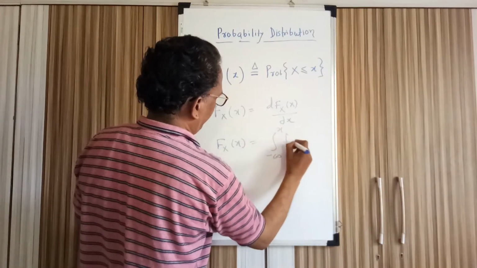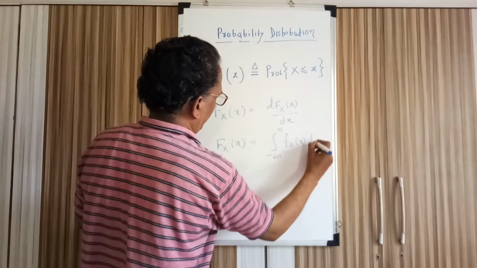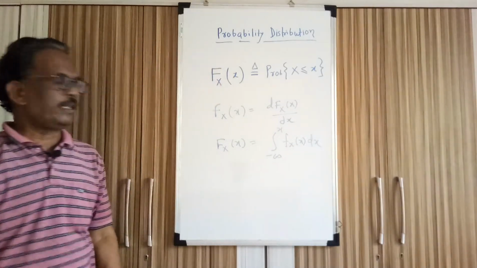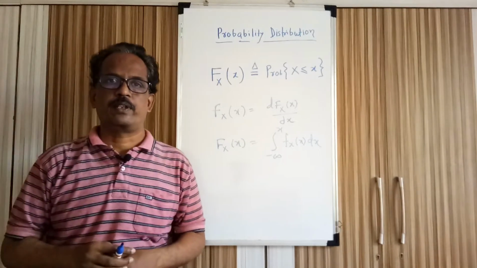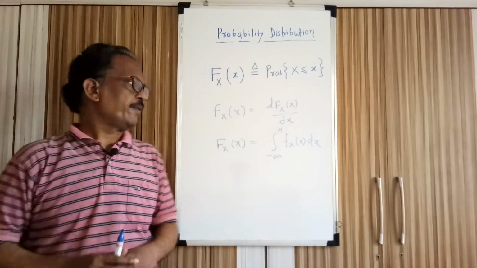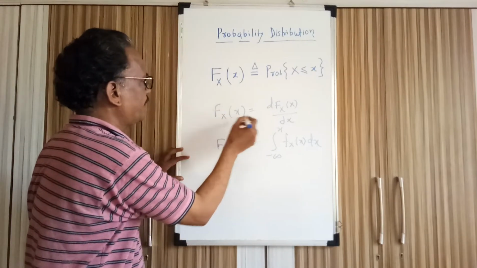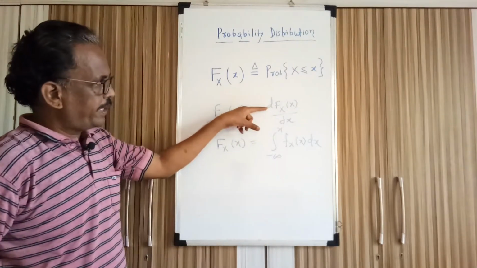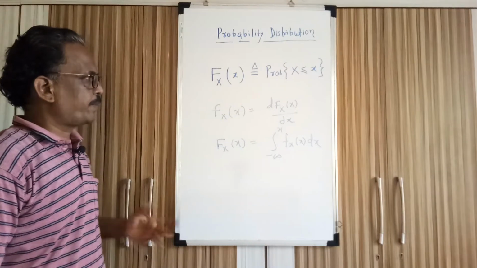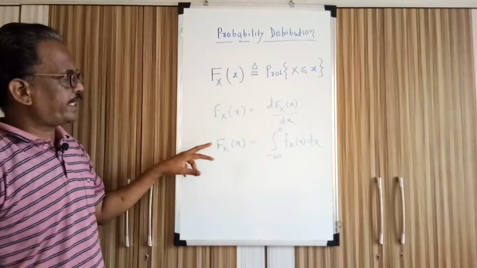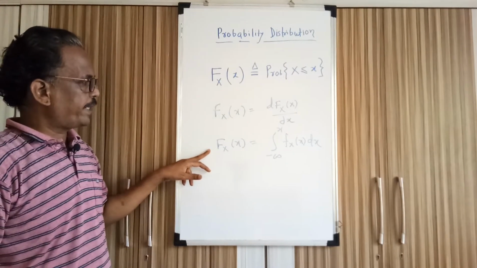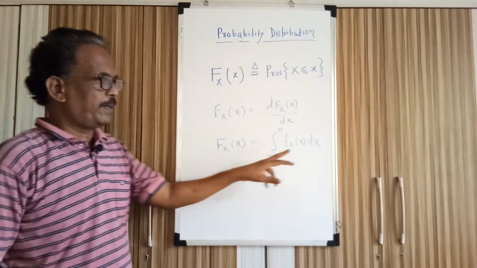So when we know the density function and you want to find the distribution function, it is just the reverse operation, because the density function of the random variable capital X is defined as the derivative of the distribution function with respect to x. So it is exactly the reverse operation when you want to find the distribution function.